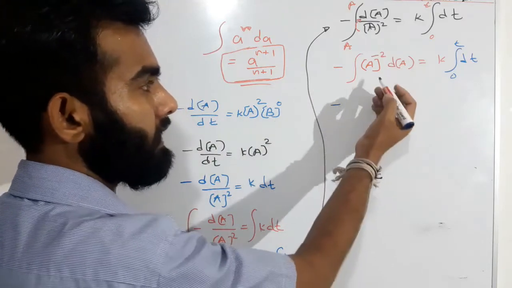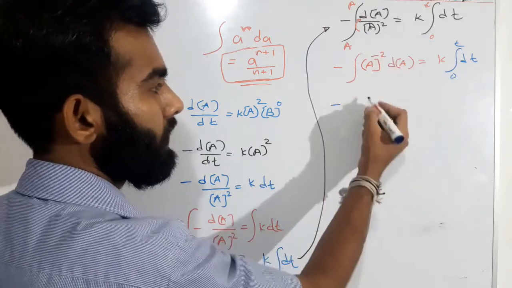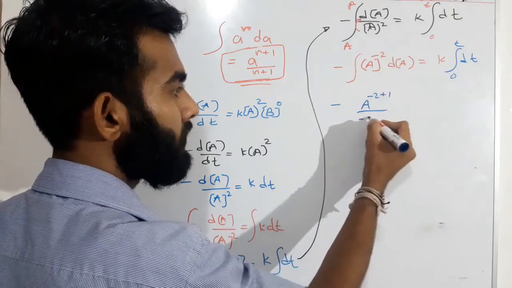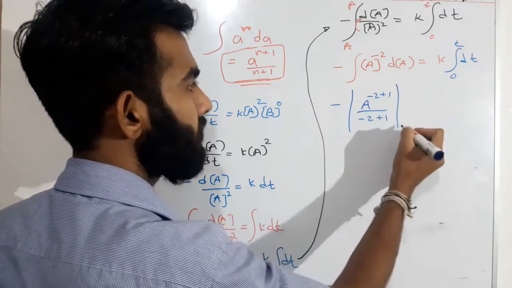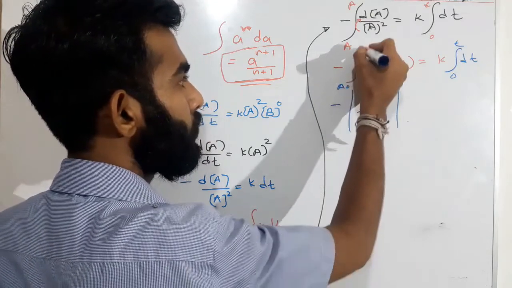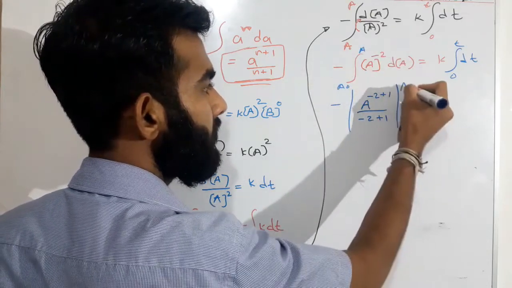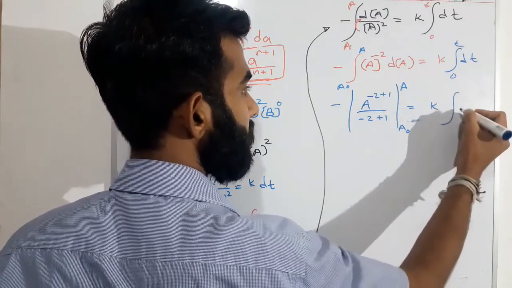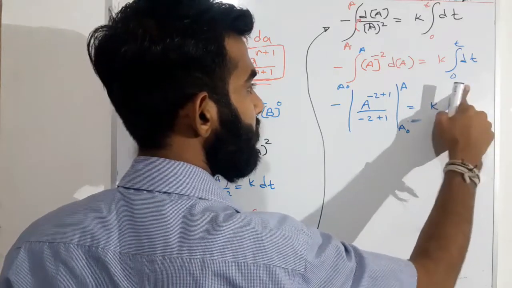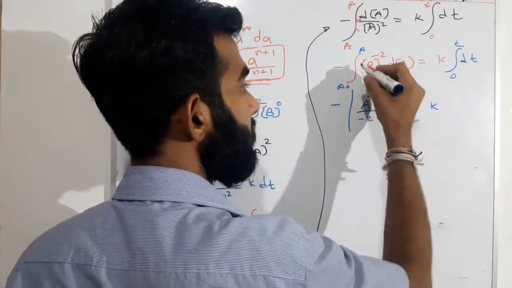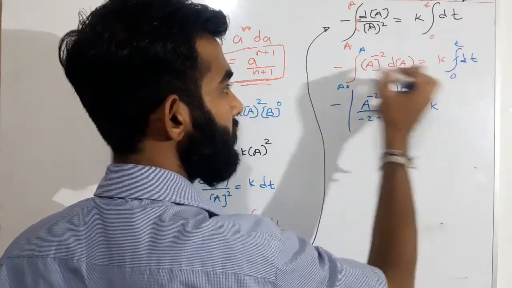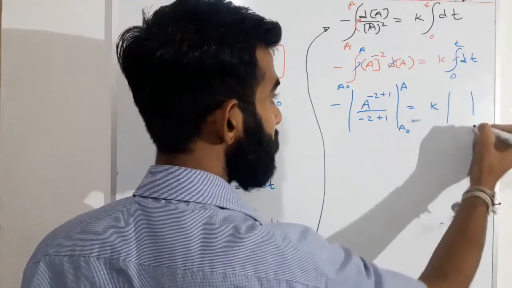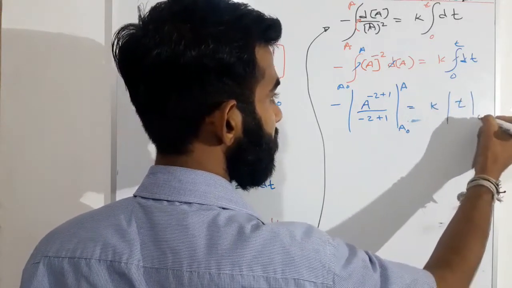If we integrate this a to the power minus 2, the result will be minus 2 plus 1 divided by minus 2 plus 1, whole in brackets. We have to add limits. Here a naught to a, here K. Here also we can simplify this. Integral marks will cancel out for d. Here also the same. Now it has limits, so we have to write it within brackets 0 to t. Okay.